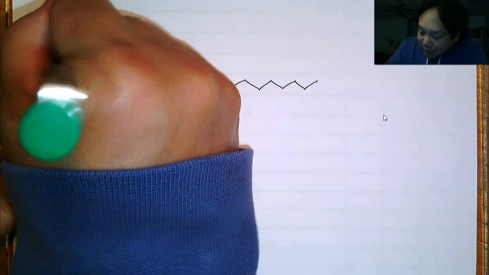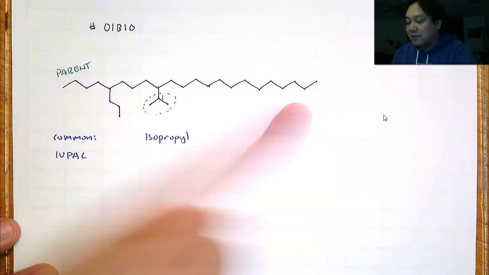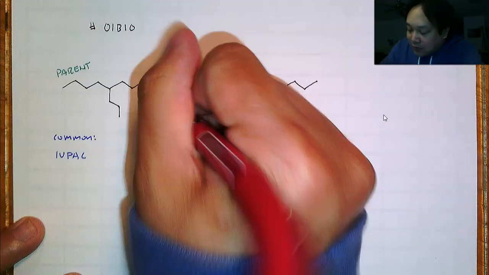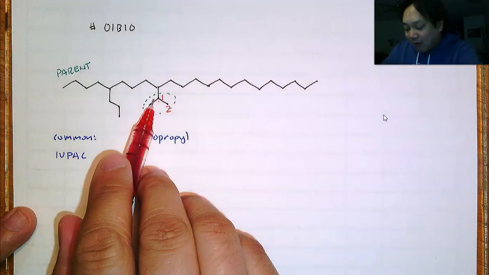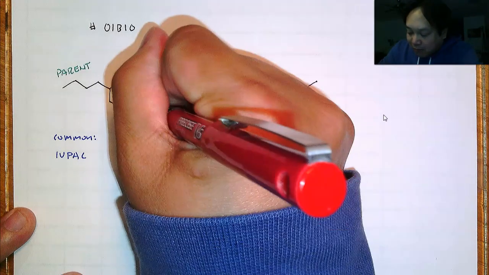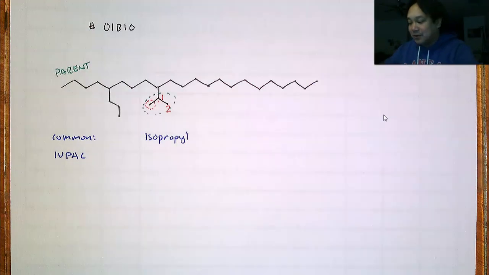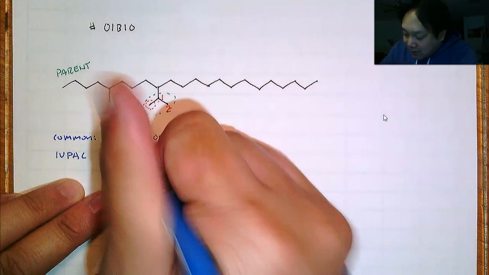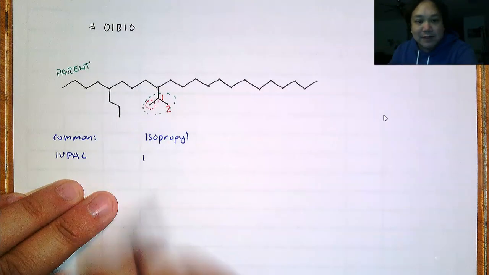Just so there's no confusion, this long line of carbons is the parent. There's carbon number 1 of the substituent, and here's carbon number 2. That branch has its own mini branch, and I'm going to circle that as a substituent of a substituent. That substituent is on carbon number 1, so this is a 1, and what is that in the red dotted circle? It's a methyl group.